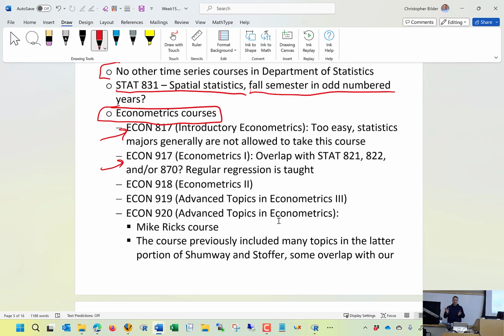It can have some overlap with some of our other courses here in the Department of Statistics. I know that there are some students in here that are not stat majors, but right now I'm talking to stat majors in terms of what we would allow in the Department of Statistics.